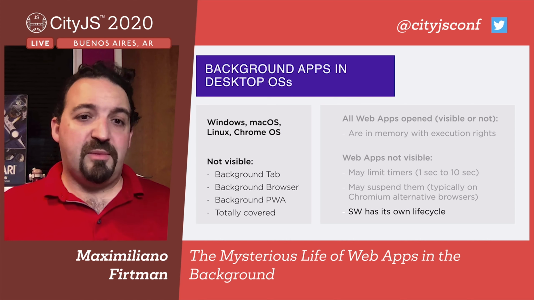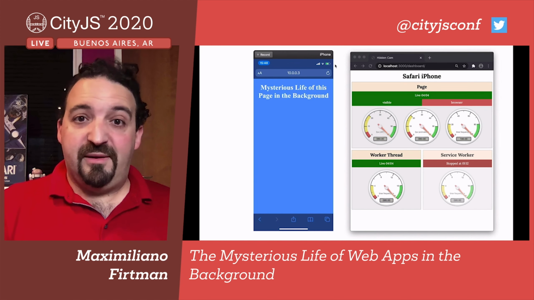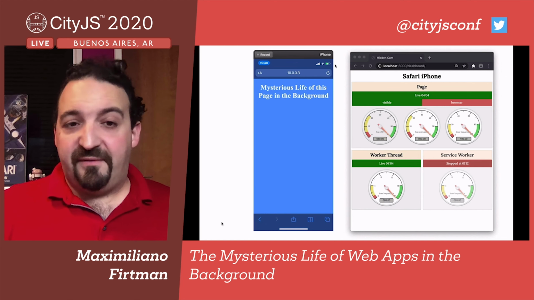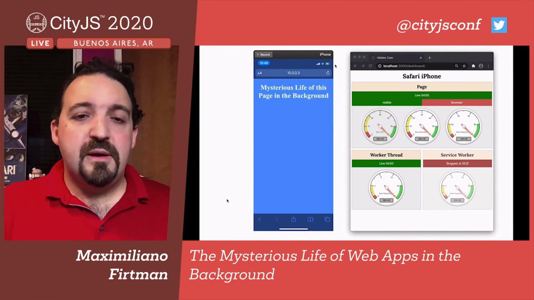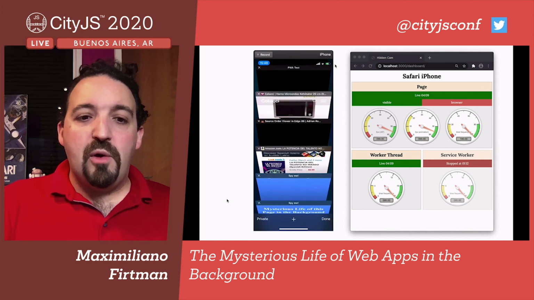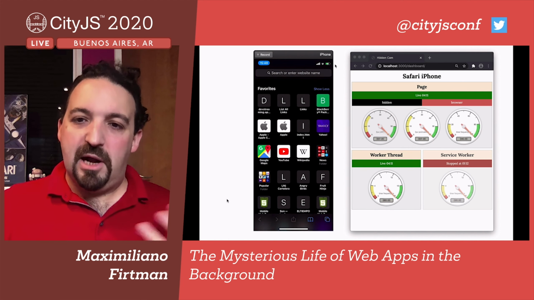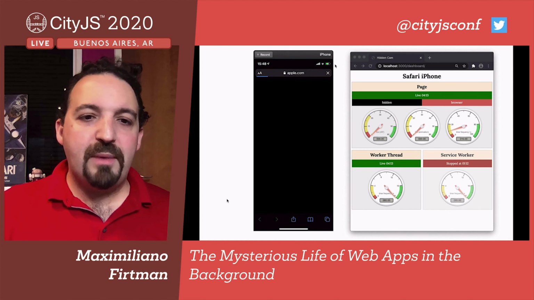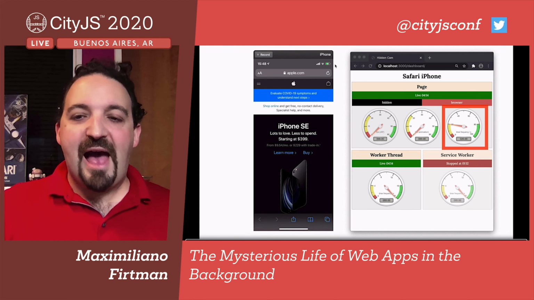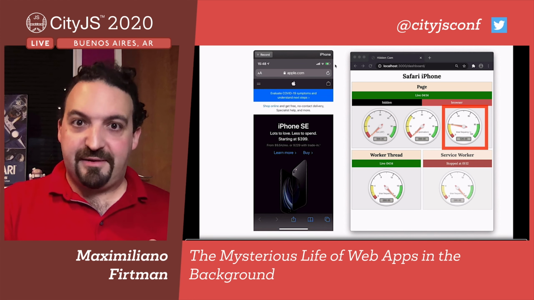Now it's time to talk about mobile operating systems. Let's start with the iPhone. In this case, I have an iPhone with Safari. I'm running the same URL, and let's see what happens. When we are opening a new tab, something similar to desktop happened with one particular difference. The timer frequency is actually greater than on Safari desktop.